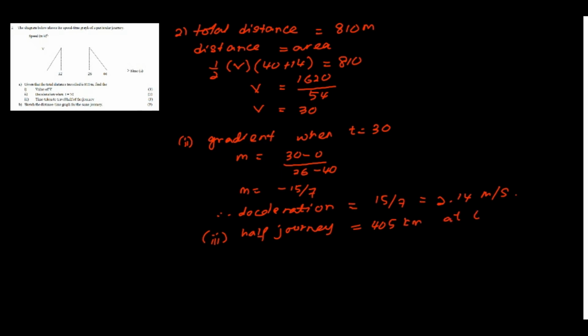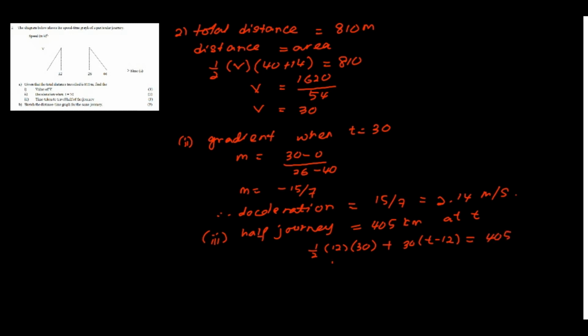We need to find t. So the first triangle is half times 12 times 30, plus the trapezium, which is 30 times t minus 12, and this equals 405.